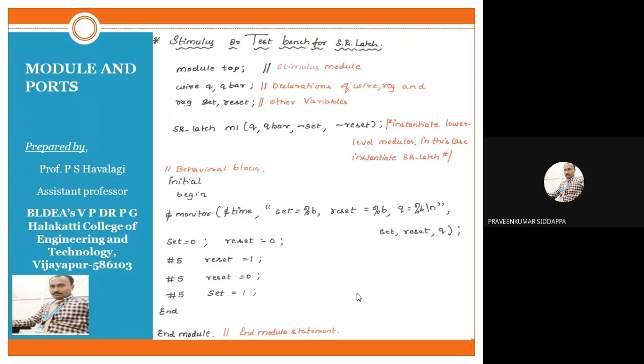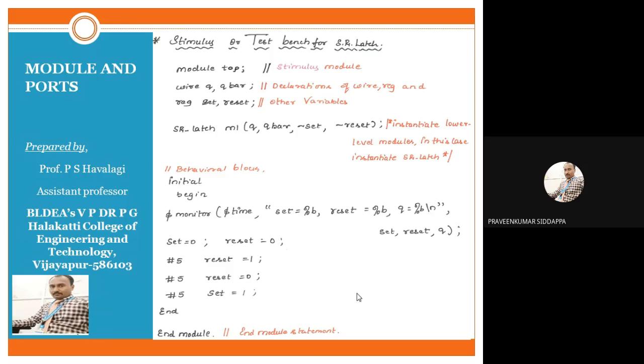So for the next, second combination from 0 to 5, set is 0. After 5 time units, set... the second combination in your truth table, you can see it is 0, 1. So because of that reason, we have written it.